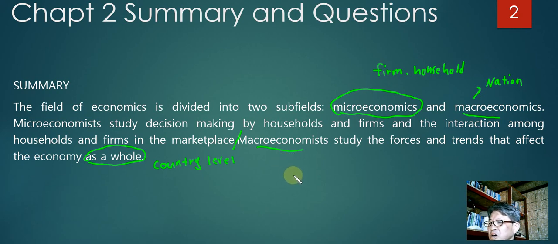Country level is the accumulated result of firm and household level. So the relations are interactive.